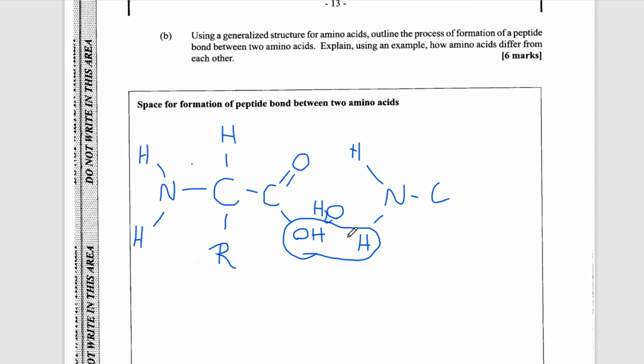So this bond is going to form between the carbon and the nitrogen here, and this is what's going to be a peptide bond, and this water here is going to be lost as a result. So what I'm going to do is I'll post a picture of what would be the ideal drawing for this answer, and you'll see.